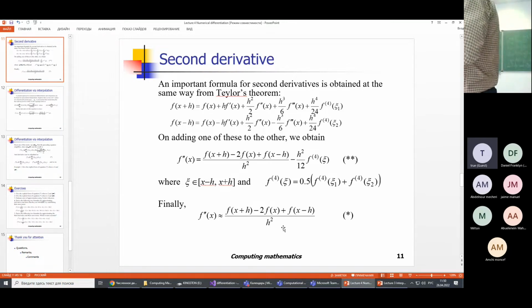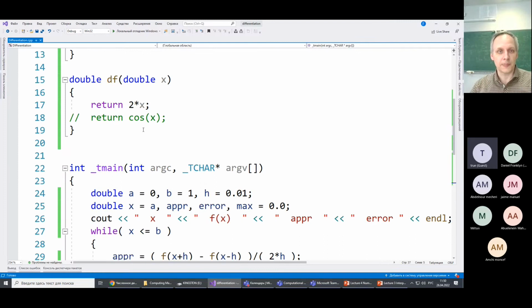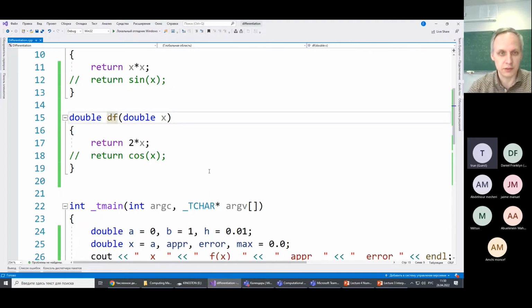Let's look at how the formula for the second derivative works on a computer, in a program. Let's do it in this simple program. This is our first derivative. Let's come back to the sine. For example, sine, cosine.